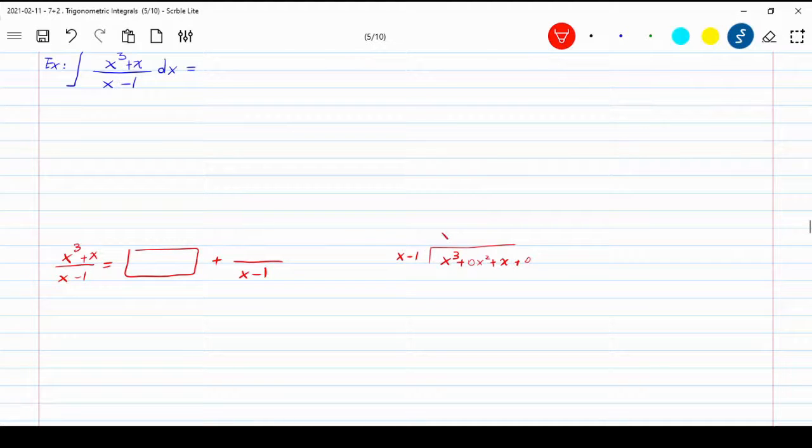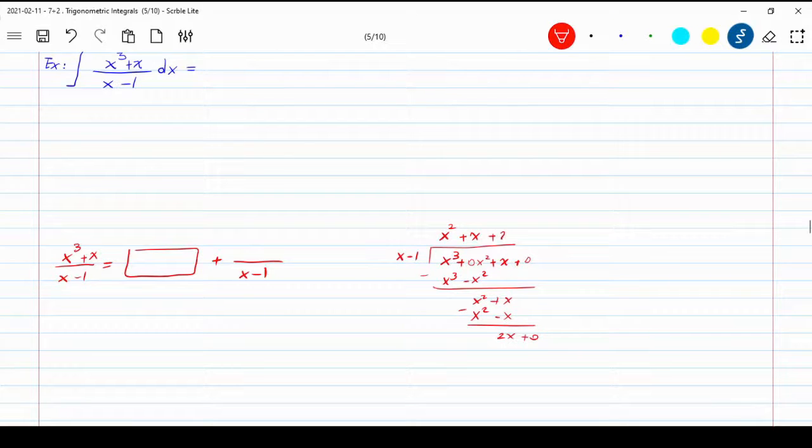what you need to multiply x by is x squared, giving x cubed minus x squared. If you subtract, you end up with x squared plus x. X times x becomes x squared, x times minus 1 is minus x. If we subtract these two, we end up with 2x plus 0.